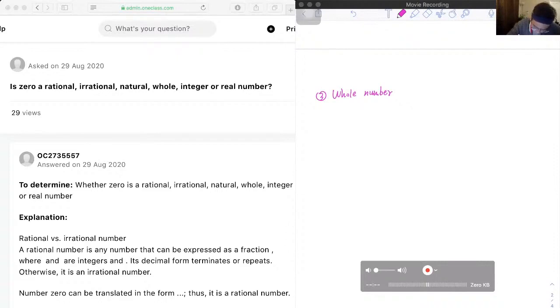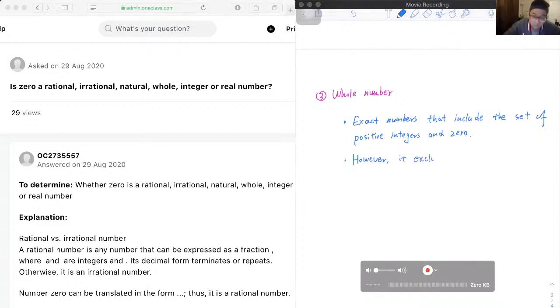So let's write that down first: these are exact numbers that include the set of positive integers and 0, however they exclude fractions and decimal numbers.